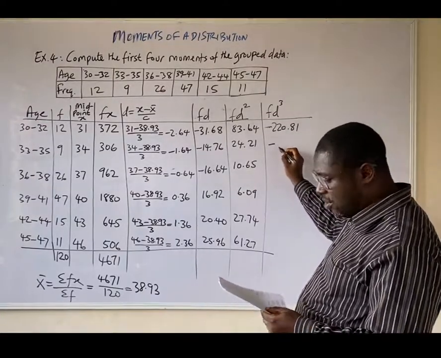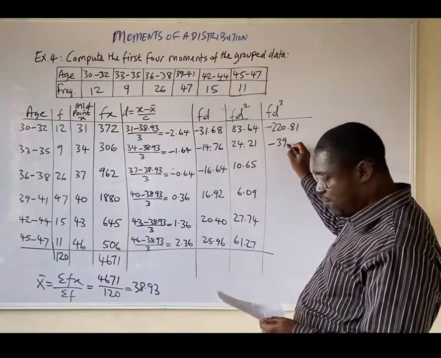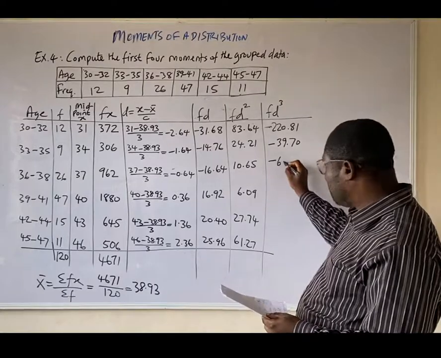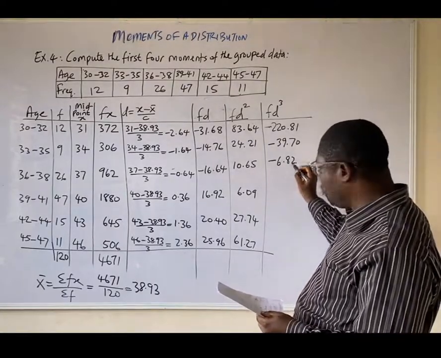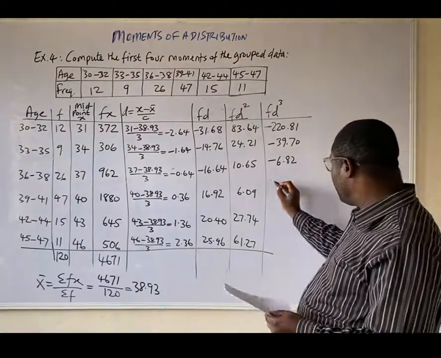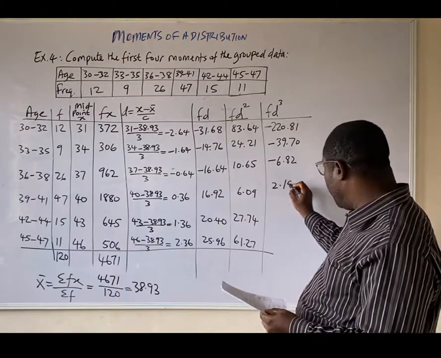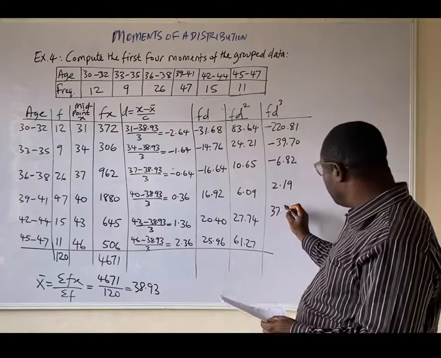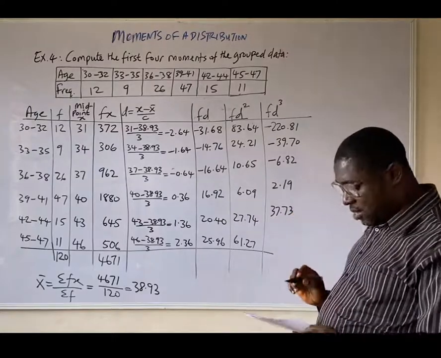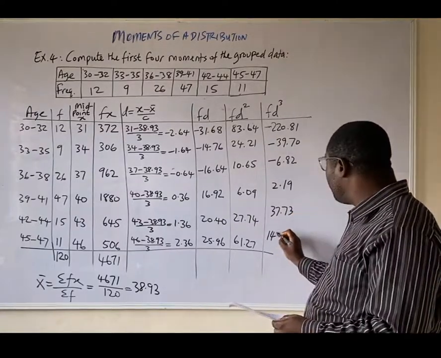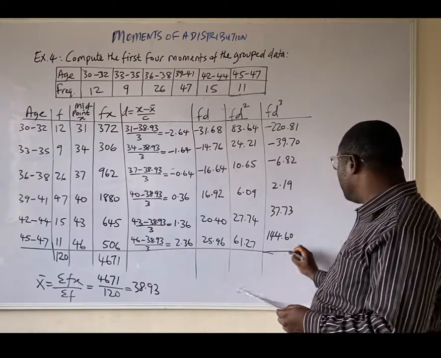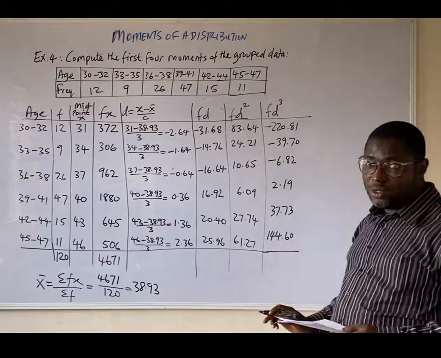Then we have minus 39.70. We have minus 6.82. We have 2.19. Then we have 37.73. Then we have 144.60. That's our third degree of deviation.